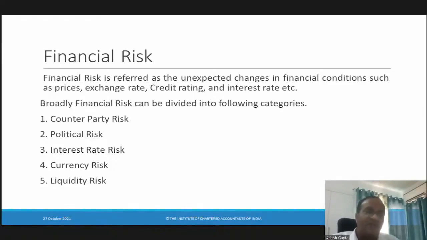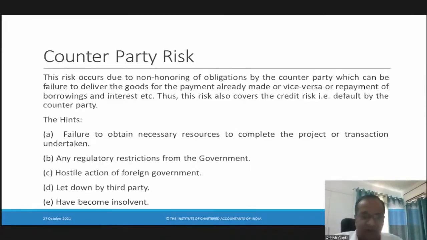Broadly, financial risk can be divided into the following categories: counterparty risk, political risk, interest rate risk, currency risk, and liquidity risk. Let us discuss them one by one. Normally political risk is separate, but sometimes it results in financial loss so quickly that it is categorized as part of financial risk.